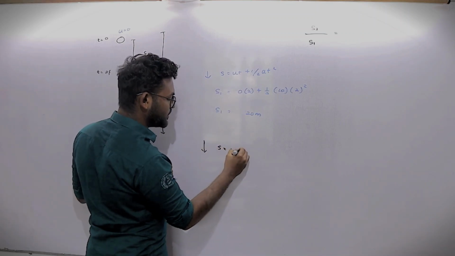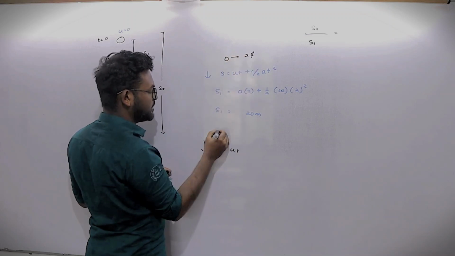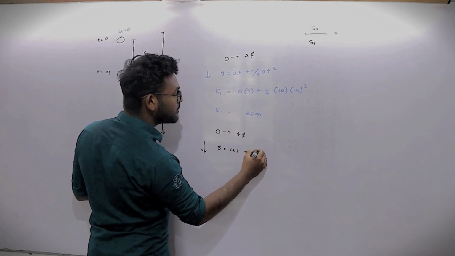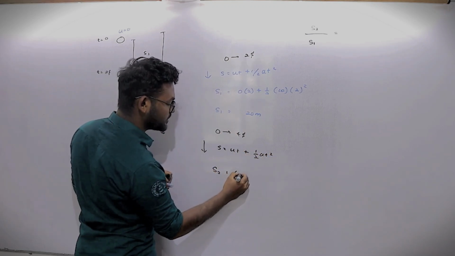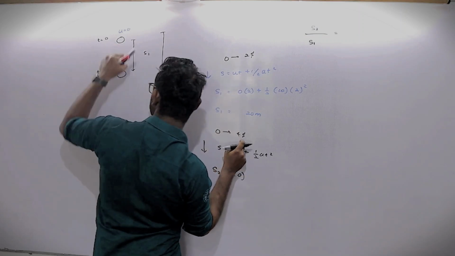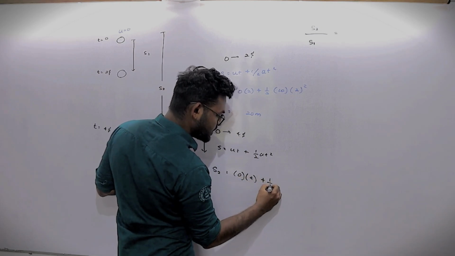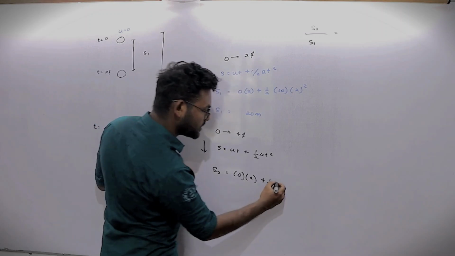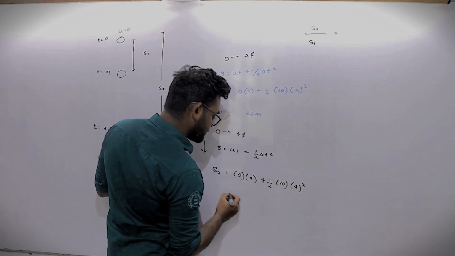S equals ut plus half at squared. S2 is equal to, again, initial velocity is 0, so 0 times 4 is 0, plus, why plus? I'm considering downward motion, gravity also downwards, so this is half into 10 into 4 squared.